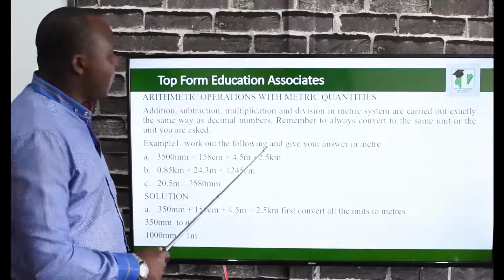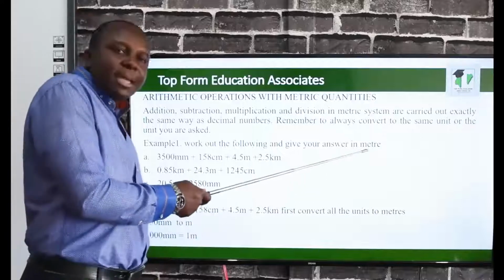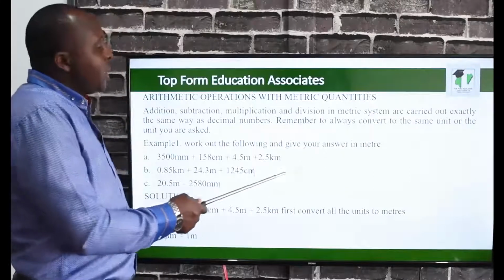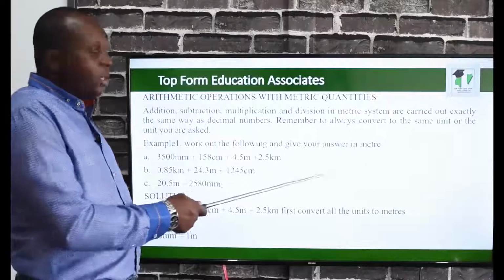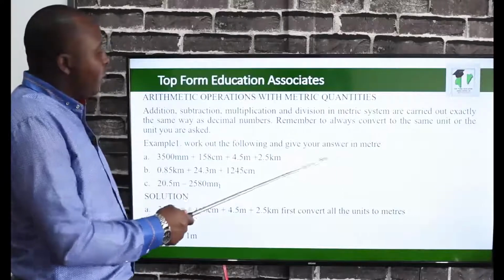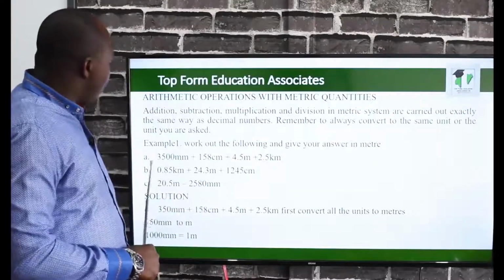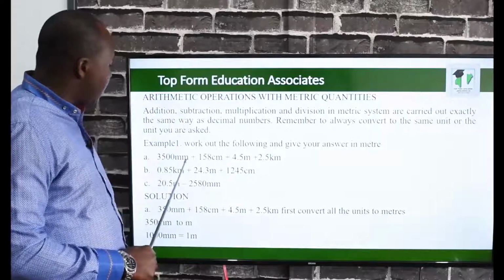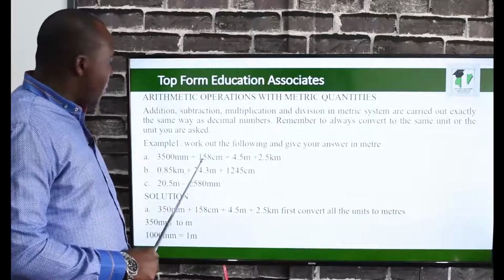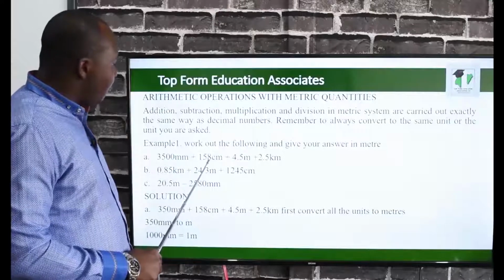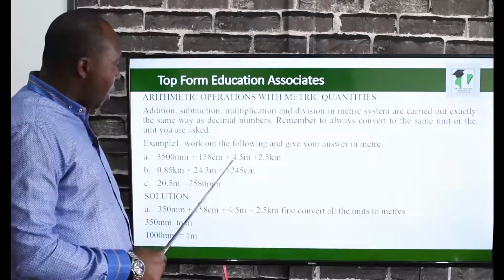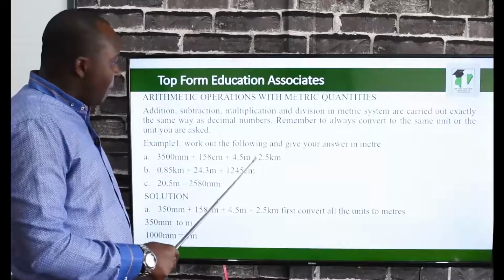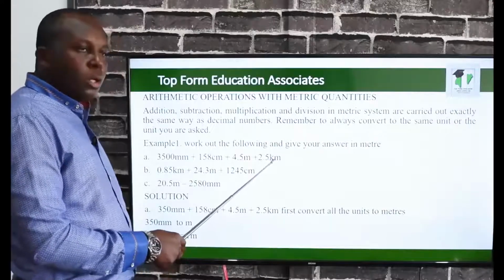Work out the following and give your answer in meters. We see that here the unit is well stated. Now look at A: 3,500 millimeters plus 158 centimeters plus 4.5 meters plus 2.5 kilometers.